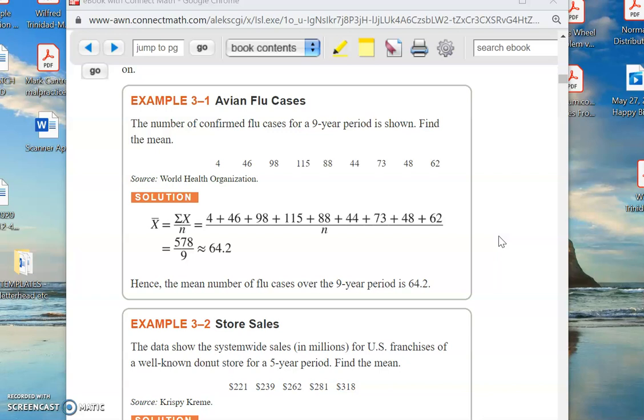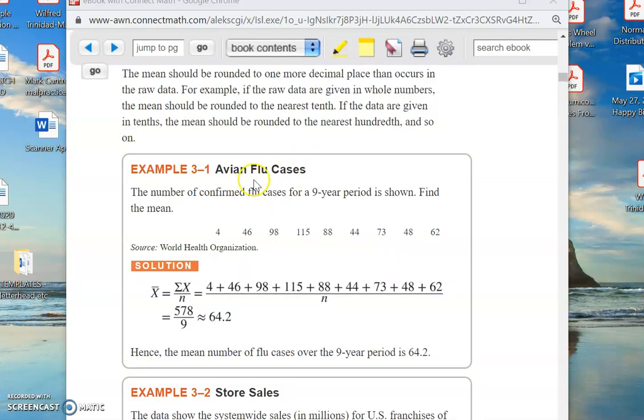You've heard people say the average American family has 2.3 children. Well, obviously, you cannot have 2.3 children. Obviously, you can't have 0.3 of a child, okay? So you don't have to have a mean that makes any sense. It's a mean, it's an average, okay? So here's another example of that concept.